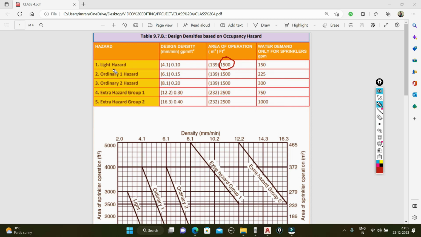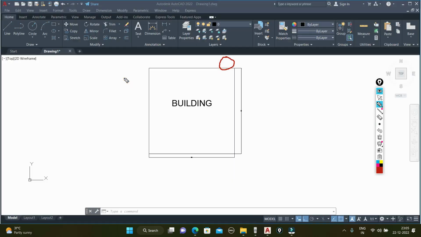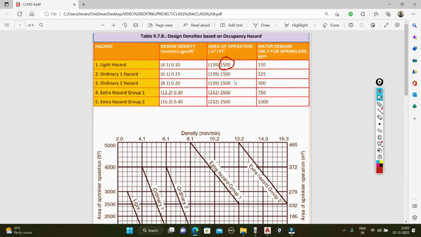If it is ordinary hazard, then the area of operation is also 1,500. If it is extra hazard, we will consider the area of operation as 2,500 square feet, and on this basis we will design our firefighting system for that building.